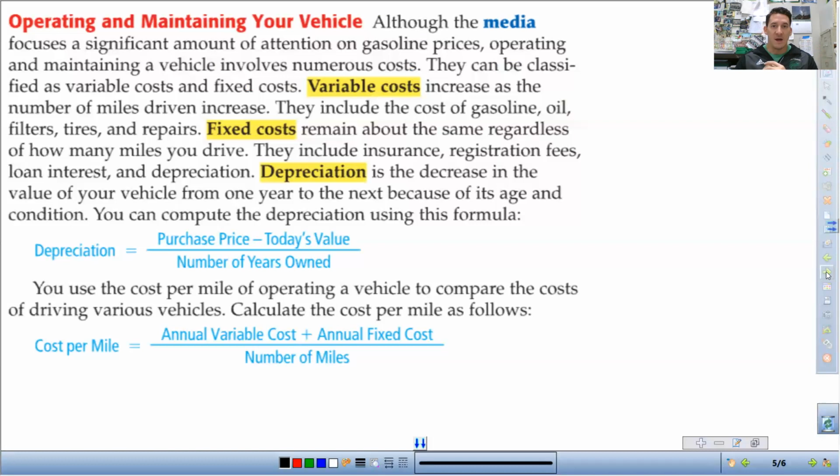And then, like we talked about, insurance. You can almost put insurance in variable costs, because as you get older, that cost is going to change. Insurance costs more for teenagers because you're inexperienced drivers, and that's a risk for the insurance company.